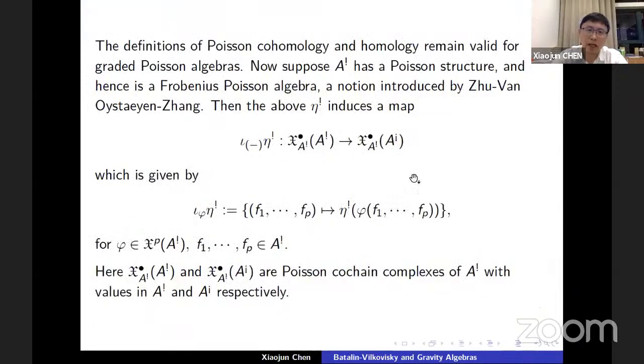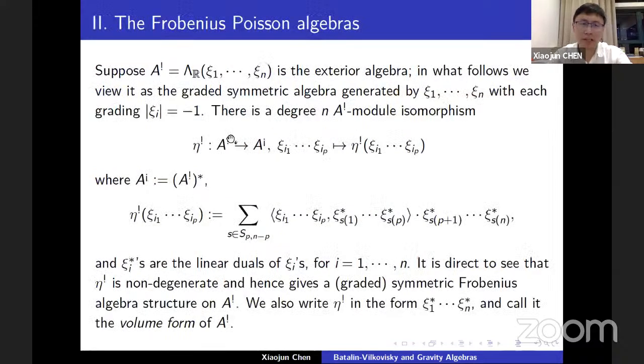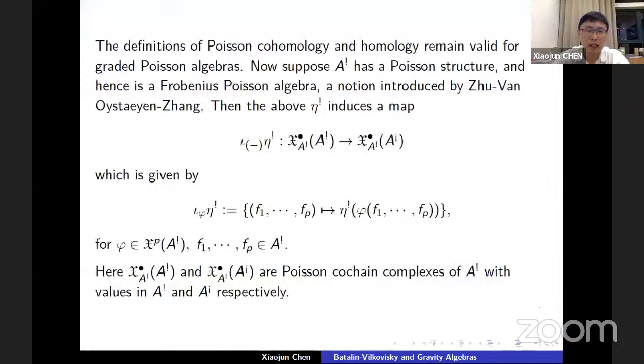So now you see the point is the definition of Poisson cohomology and homology remain valid for graded Poisson algebras. So here I view the exterior algebra as functions on the supermanifold, say R0n. So this is a finite dimensional algebra. And suppose now this supermanifold has a Poisson structure, which is graded.